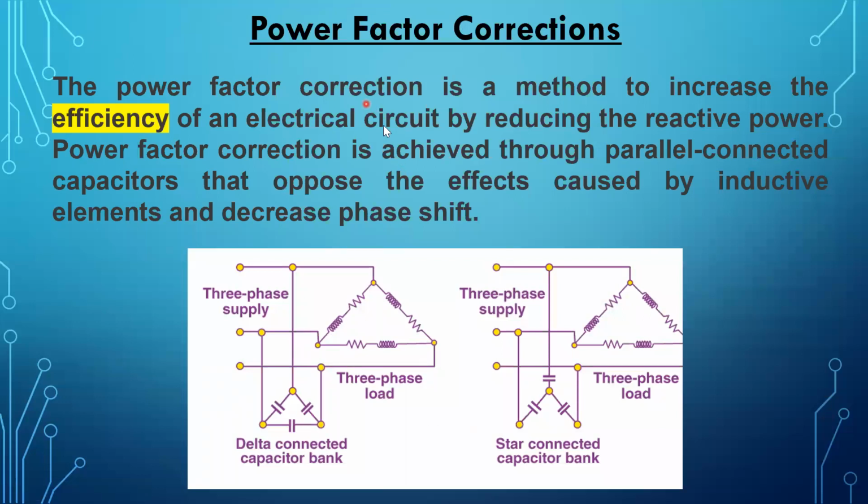So next is power factor correction. How do you correct the power factor? Power factor correction is a method to increase the efficiency of an electrical circuit by reducing the reactive power. It is achieved through a parallel connected capacitor that opposes the effect caused by the inductive element and decreases the phase shift.